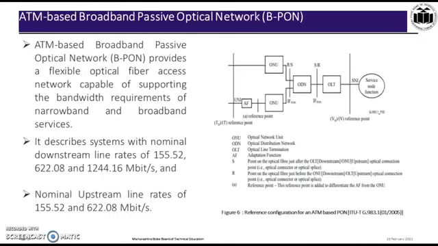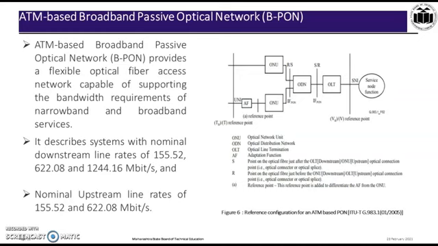Moving towards the details of ATM based broadband passive optical network. It may be called the BPON. This BPON provides a flexible optical fiber access network that is capable of supporting the bandwidth requirements of narrowband as well as broadband services.